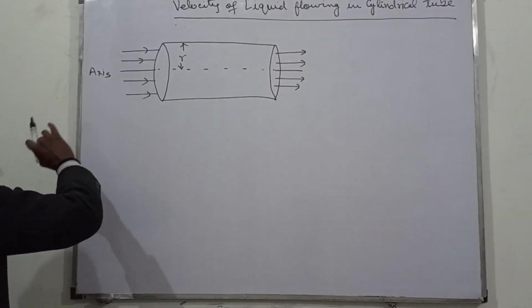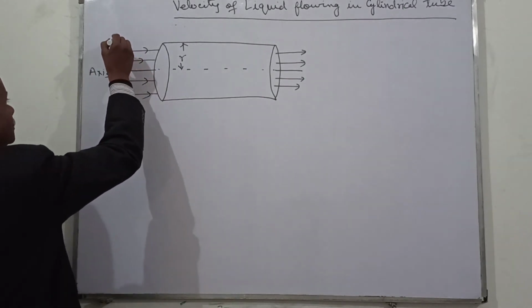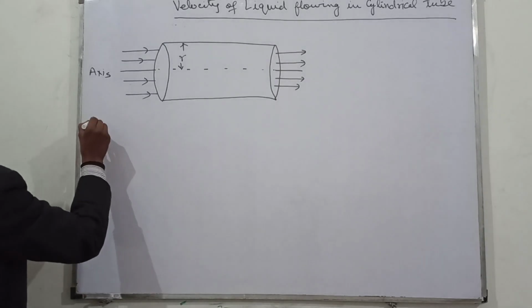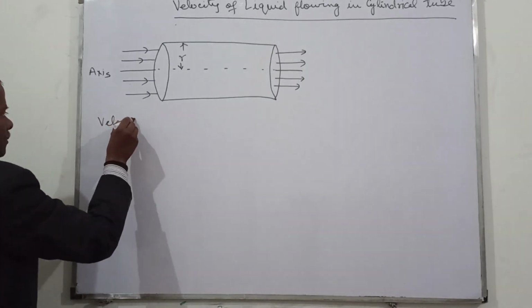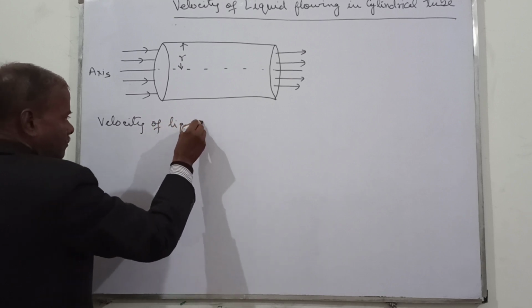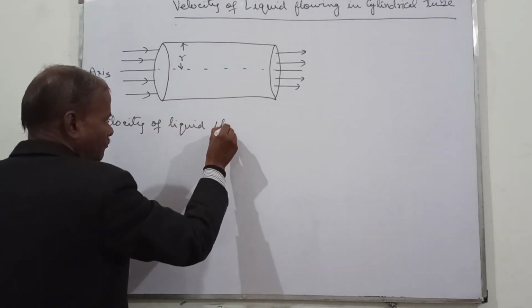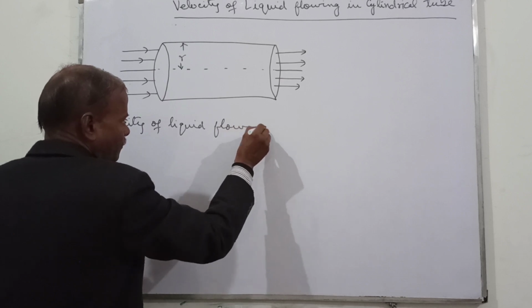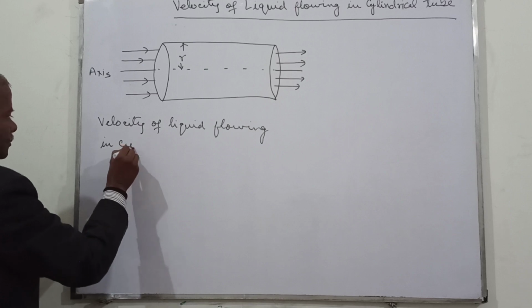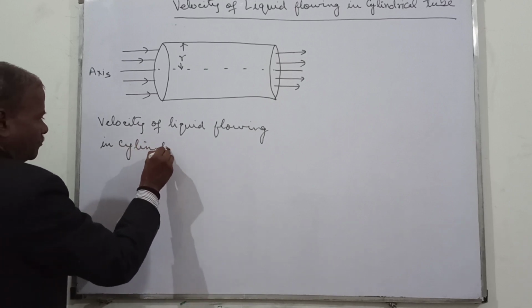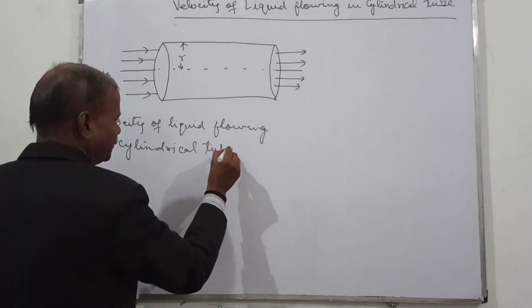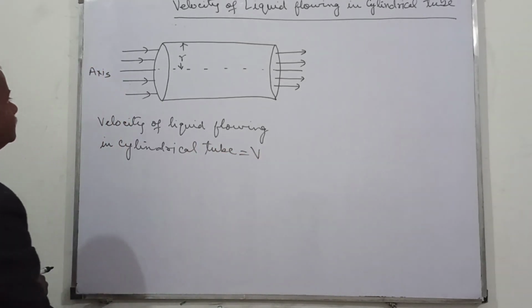Then let the velocity of the liquid be V. Velocity of liquid flowing in a cylindrical tube. Let this be equal to V.